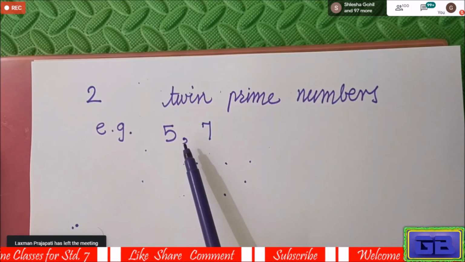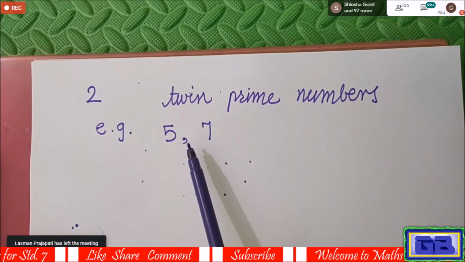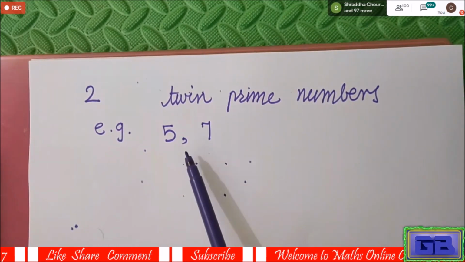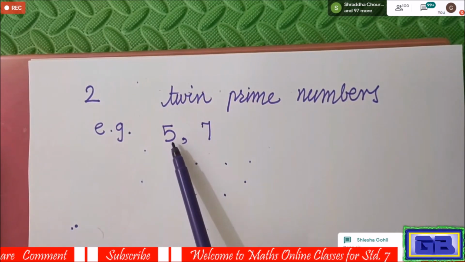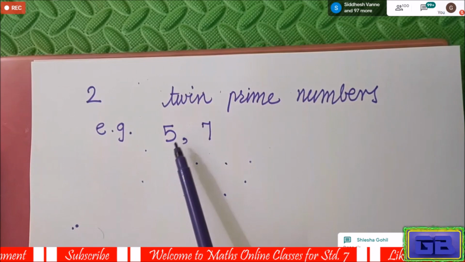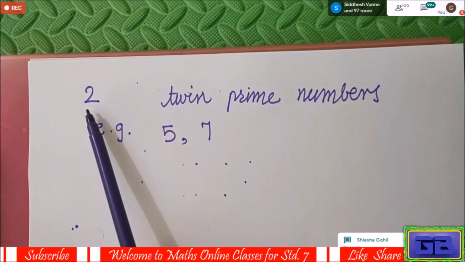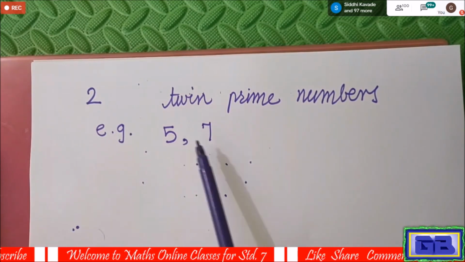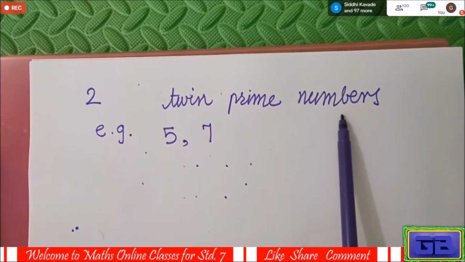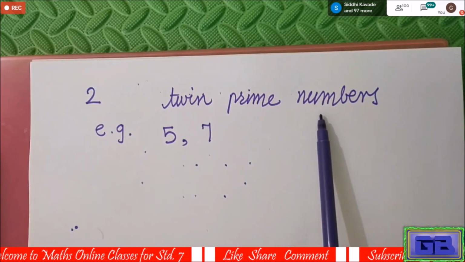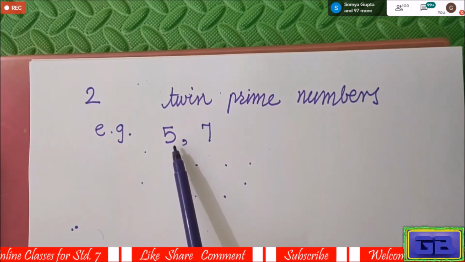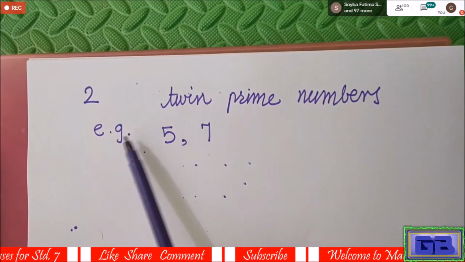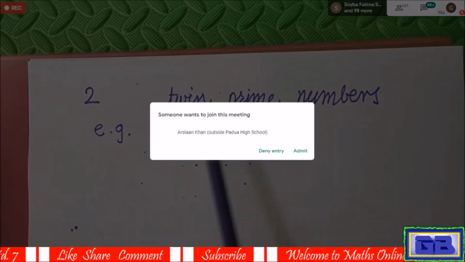When we divide, we get quotient. So here difference means 7 minus 5. What answer comes? 2. And both numbers are prime numbers. Therefore, if the difference between two prime numbers is 2, they are called twin prime numbers.